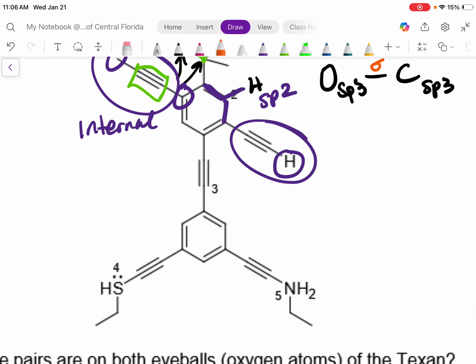Carbon 3 is directly bonded to that carbon and that carbon right there. Or no, I'm doing that a little differently. What we have here is that carbon 3 has 1 electron group there and 1 electron group there. So that would make carbon 3 sp hybridized.